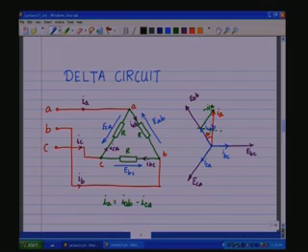Now, if it had been pure capacitive, then the line current here will lead corresponding to this point by 90 degrees, or we will say IAB is going to be 90 degrees with respect to this here, and ICA, also capacitive, is again 90 degrees with respect to here, and therefore, the whole triangle here is going to shift by 90 degrees with respect to the current position, which means IA will lead EAB by 60 degrees.